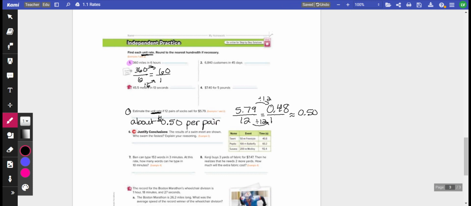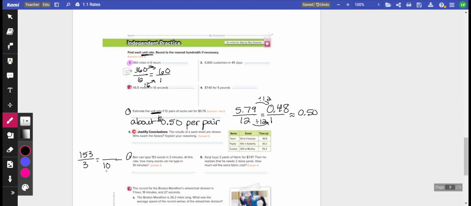Let's take a look at number 7. Ben can type 153 words in 3 minutes. At this rate, how many words can he type in 10 minutes? 153 in 3 minutes. Well, I want to put my 10 in the same location as my other minutes. 3 minutes is in the denominator, so I want to put 10 minutes into the denominator. So now I'm going to get rid of that label of minutes.